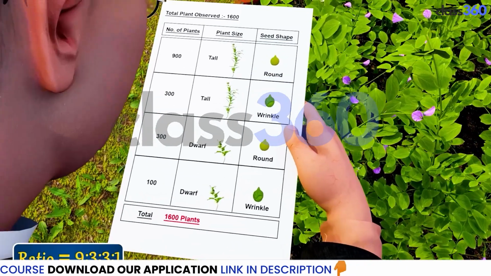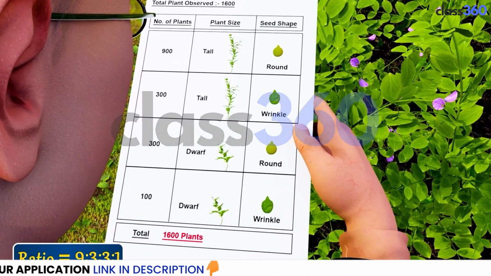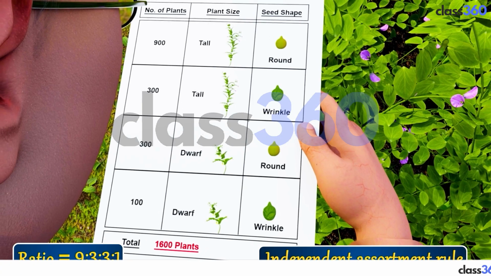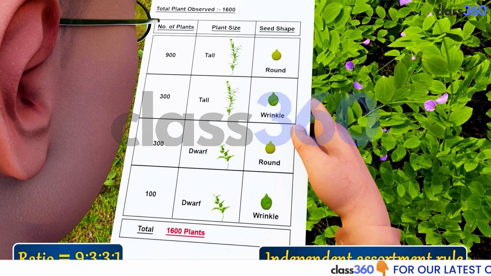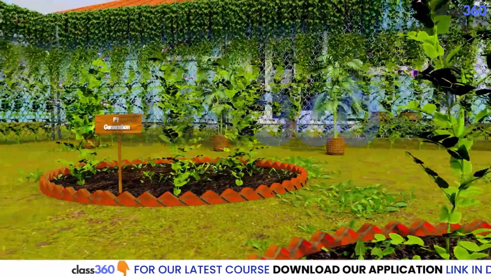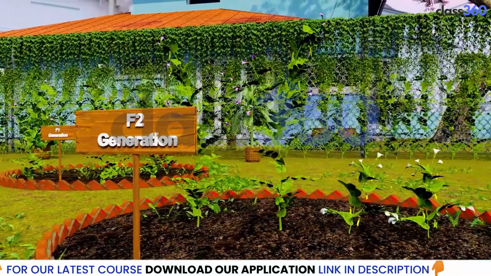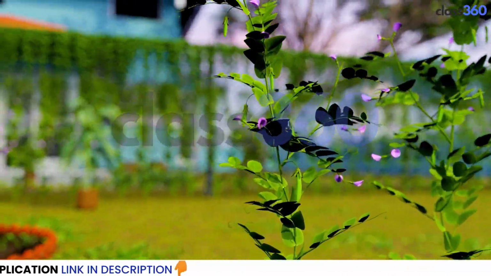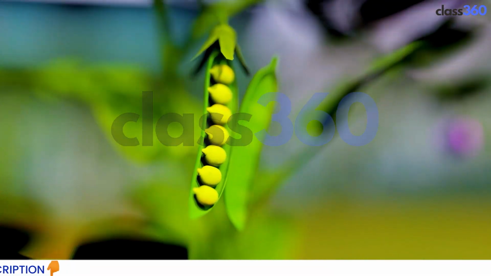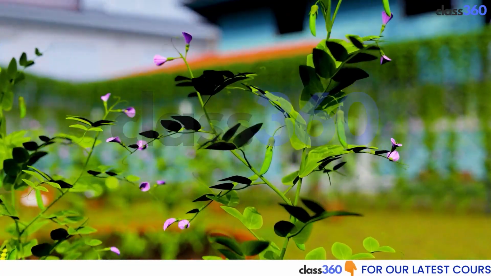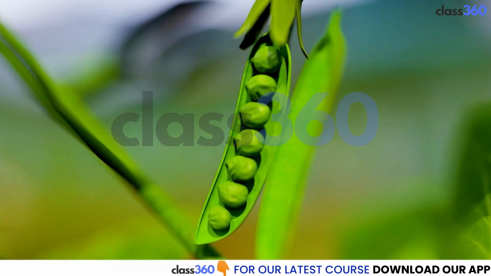Mendel explained this ratio by his independent assortment rule. He said that any factor can be combined with any other factor. So the tall plant can have round seeds as well as wrinkled seeds.